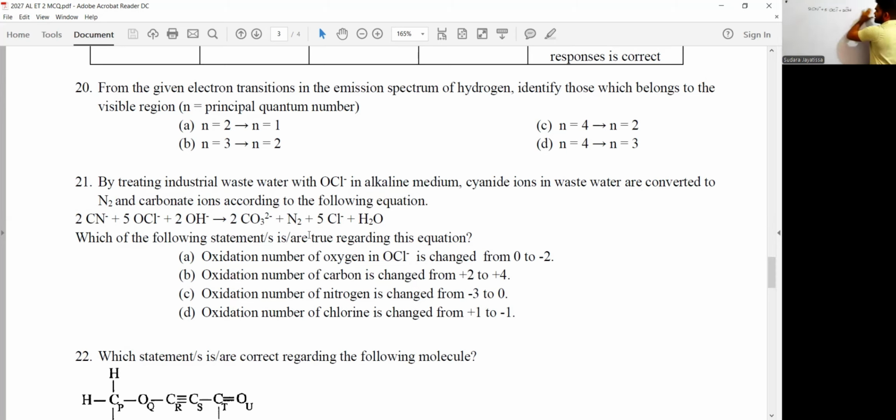Space might not be enough, give me a second now. 2CN minus and 5OCl minus and then 2OH minus react to form 2 carbonate, CO3 2 minus, and N2, and then 5Cl minus and H2O.